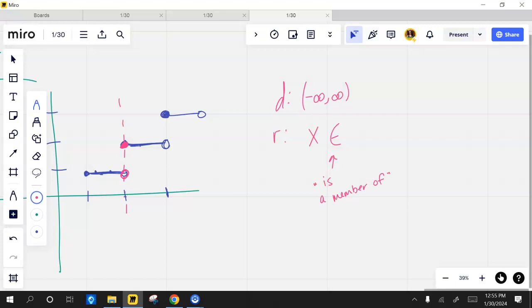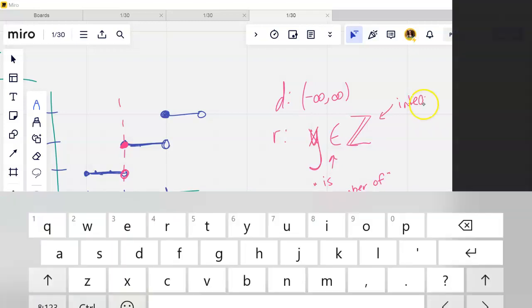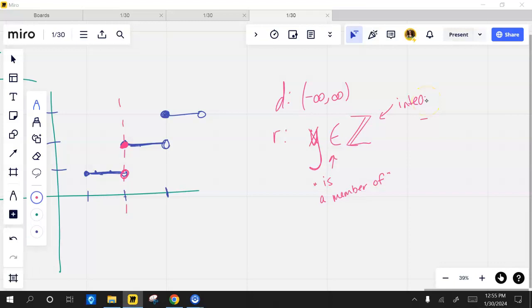And then I'm going to do a symbol for integers, the big fancy Z. Now, oh, this should be Y, y'all. This should be Y, sorry. Now, if you do not want to do it this way, this is the easiest way to do it.